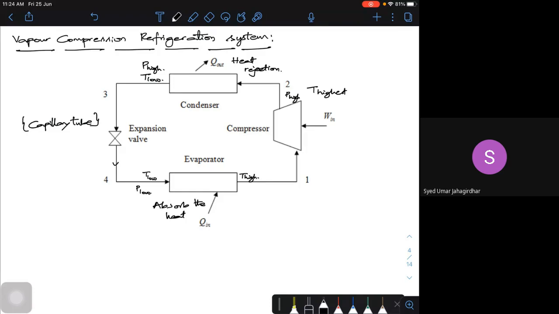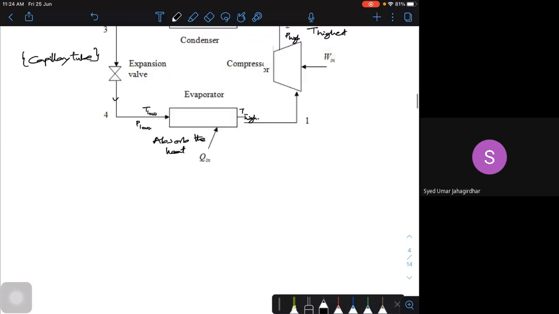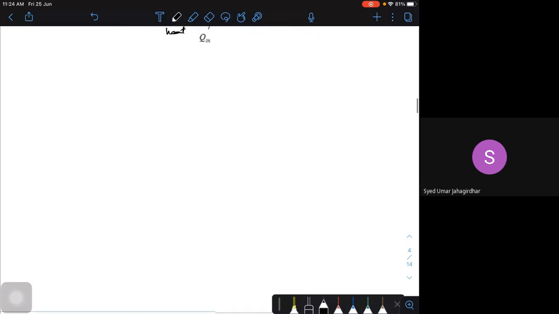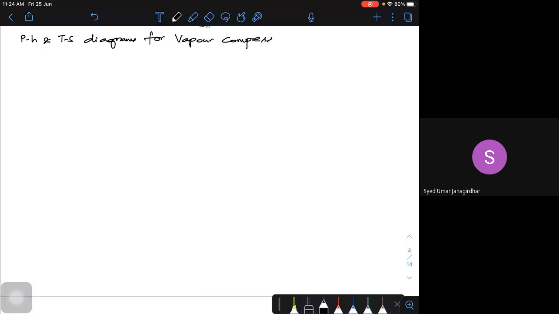Let us look at the pH diagram. I have been telling you that when we go to the refrigeration system, we will look at two different charts: the pH chart, that is the pressure-enthalpy diagram, and the TS diagram. Let's write it: pH and TS diagrams for the vapor compression refrigeration system.